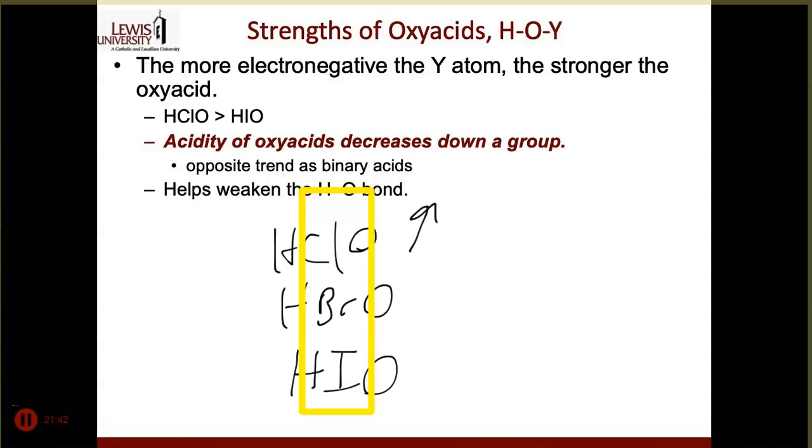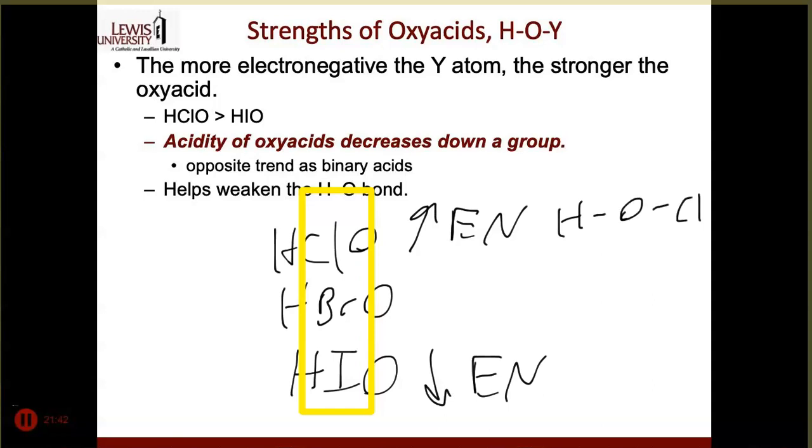Chlorine has greater electronegativity, and iodine has the lowest electronegativity. So because you have a higher electronegativity, you weaken the OH bond more. Remember, the hydrogen here is not like what we saw earlier. The hydrogen here is attached through the oxygen to the chlorine atom.